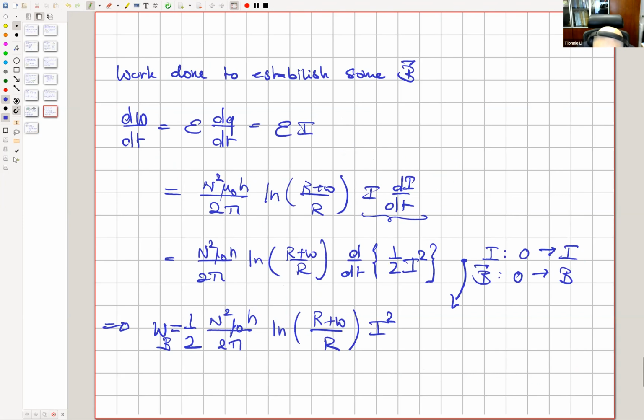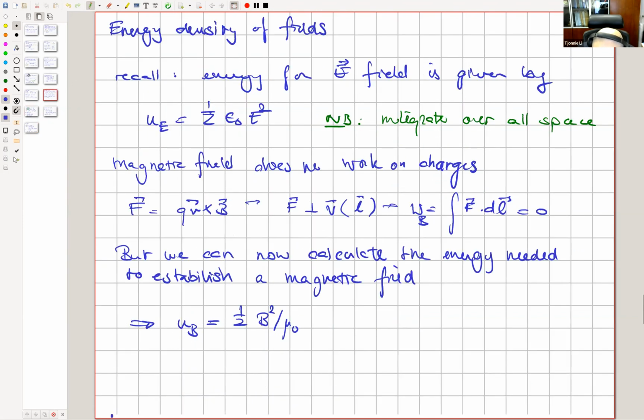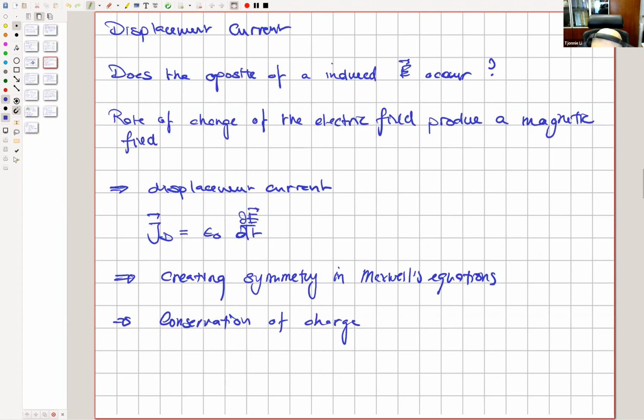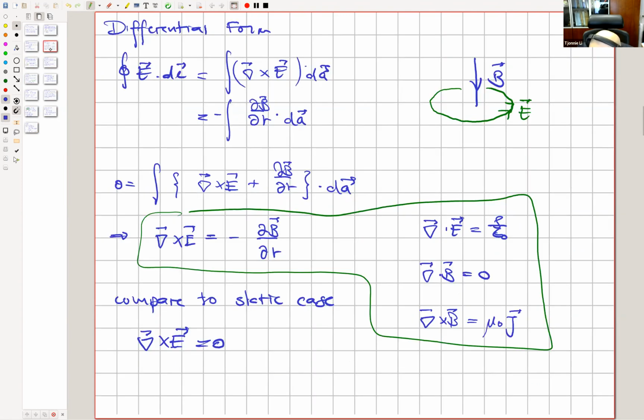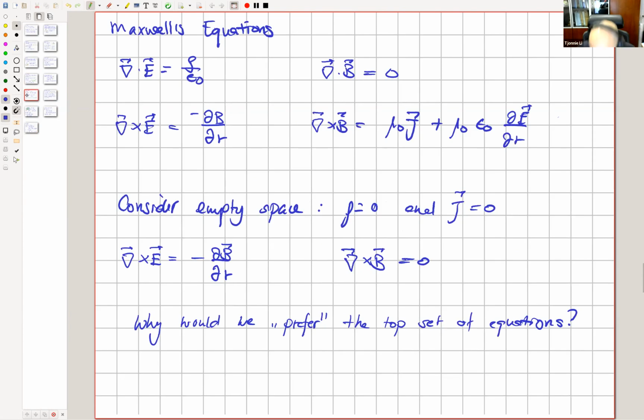So in this expression, this is incorrect. Where did I put it? Okay, here. This is what I mean. This is actually incorrect, right? What I was trying to say is that if I look at it purely from a mathematical perspective, in empty space, this would indeed be this, right?